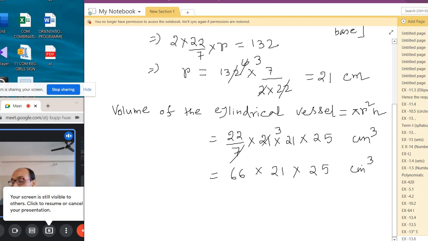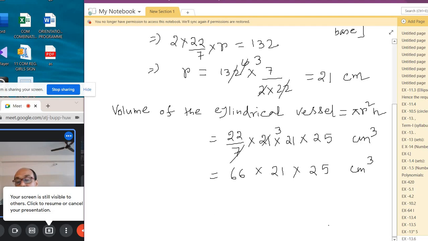Now the question is, how many liters of water can it hold? So convert into liter. We know 1000 centimeter cube equal to 1 liter.